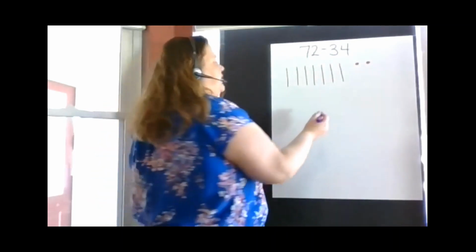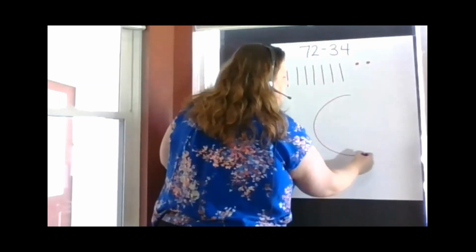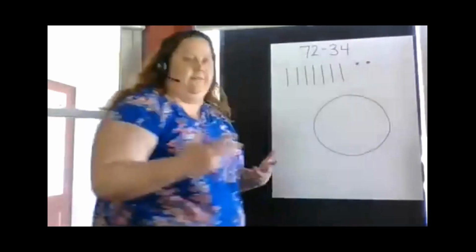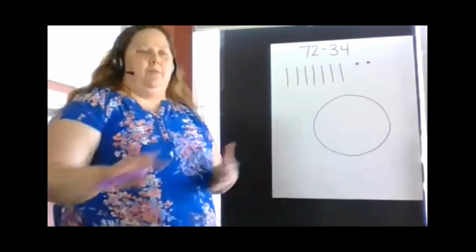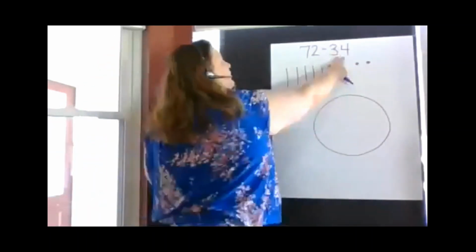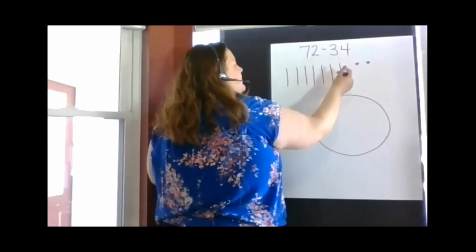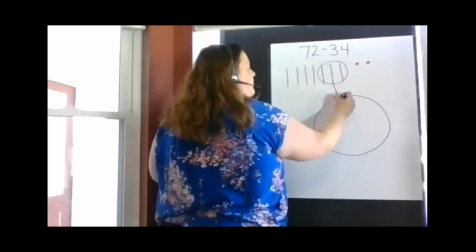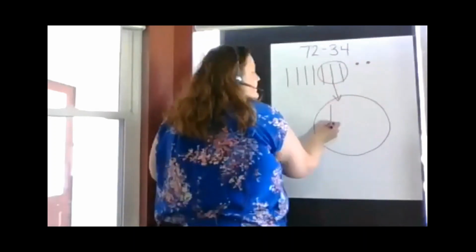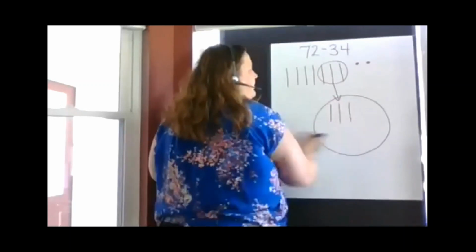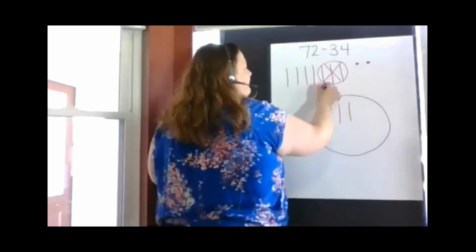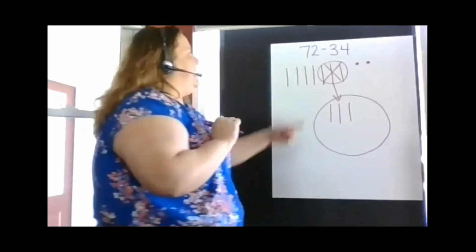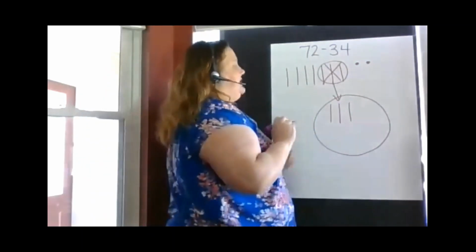And I'm now going to remove, and I'm going to make myself a space to show where I am moving those blocks to. I'm going to remove 34. So I'm taking these three tens and I'm going to move them here. So 10, 20, 30. So I no longer have them here. And now I still need to take away 4 because I've taken away 30.